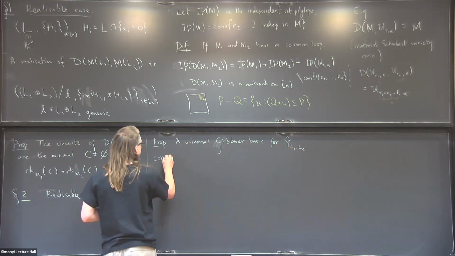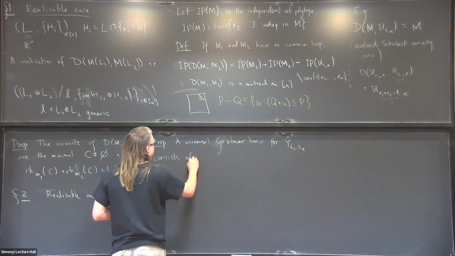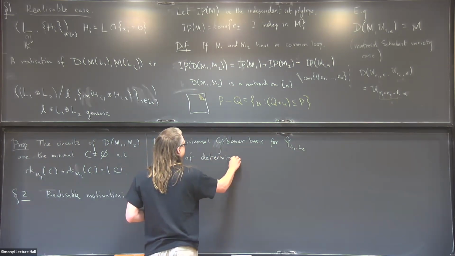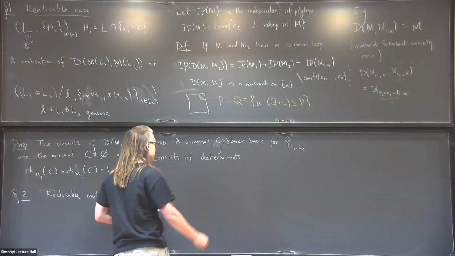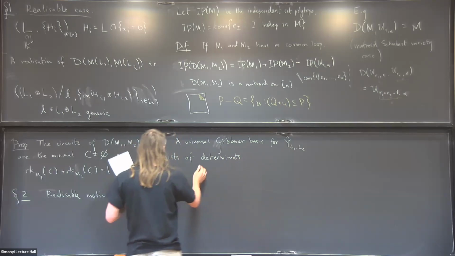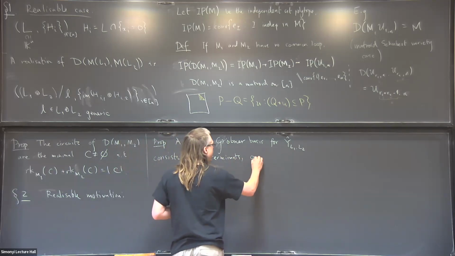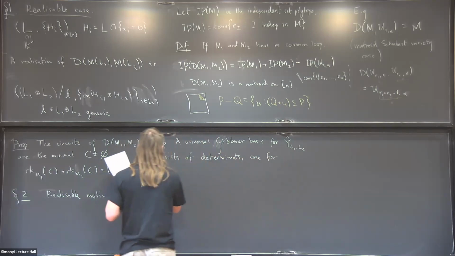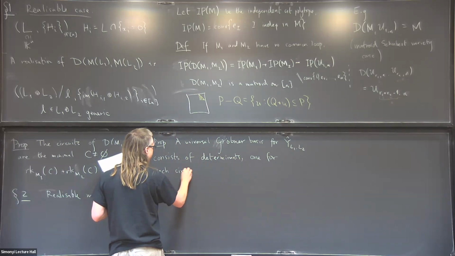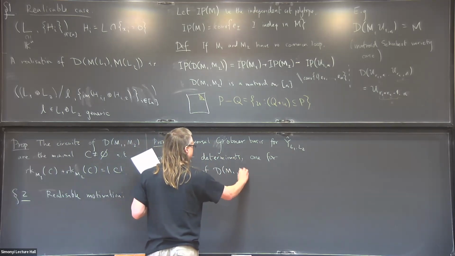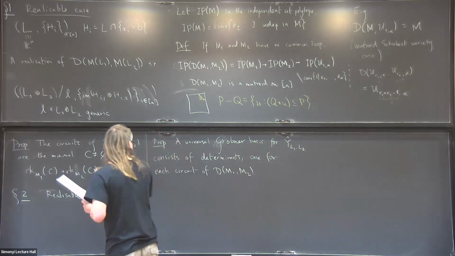This is a bunch of determinants, one of them for each circuit of D. That is where this thing comes from.